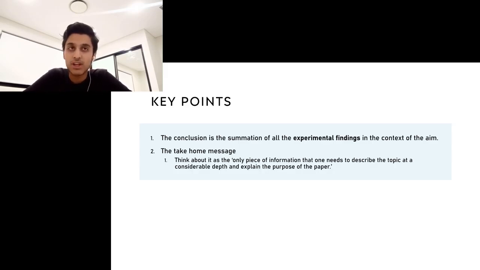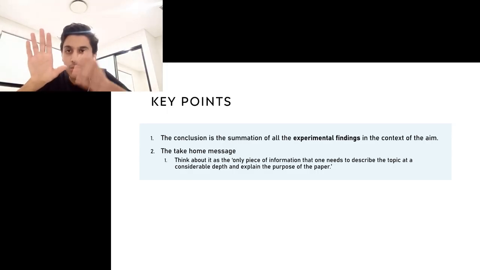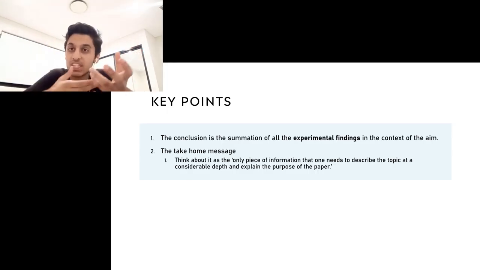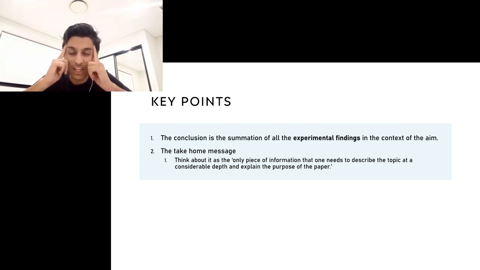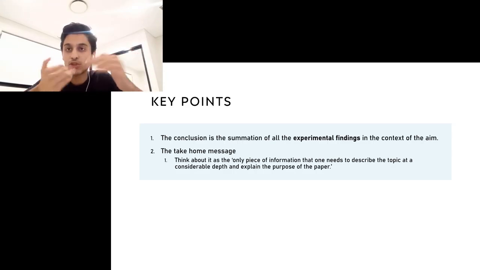So you want to have the summation of all experimental findings, but then you also want to show some of that character, and you want to give them that take-home message, because ultimately it's up to you what insights and what applications you give them. And so you want to make sure that the insights and applications you give them are not only important, but they also show your character as that scientific writer.